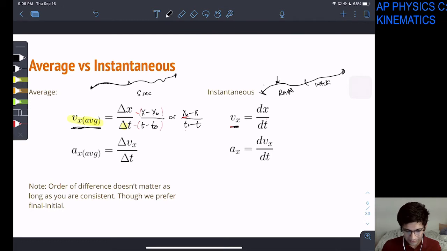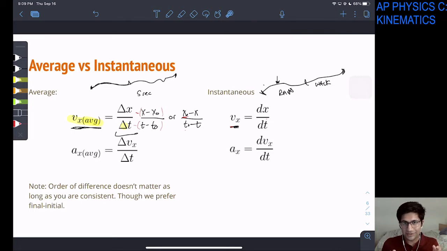So the key thing is that you need some kind of equation to do this. Like in this case here, I could tell you my start and final position and you can calculate it. But if you have an equation that tells you, okay, your velocity is equal to maybe 5x squared plus 2, or sorry, if your position is some expression, then you can take the derivative and get your velocity.